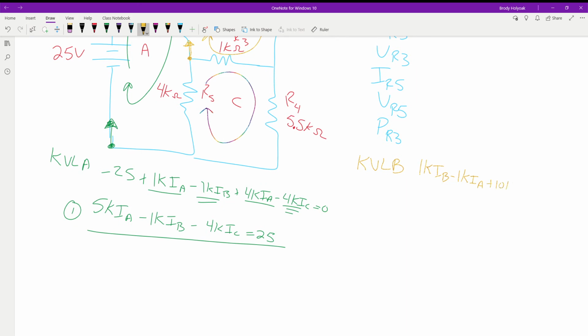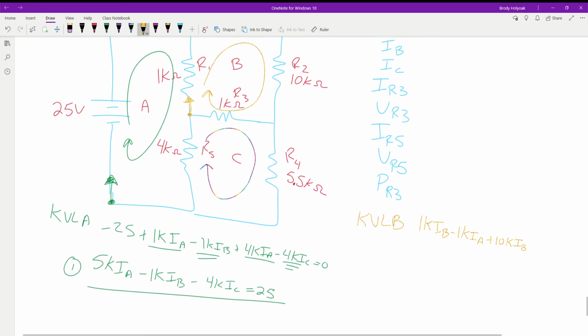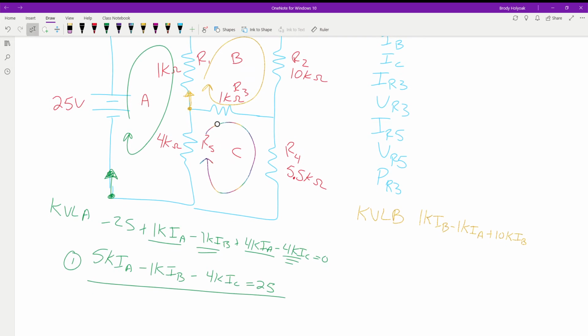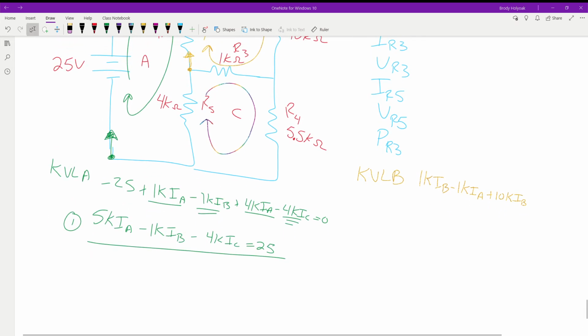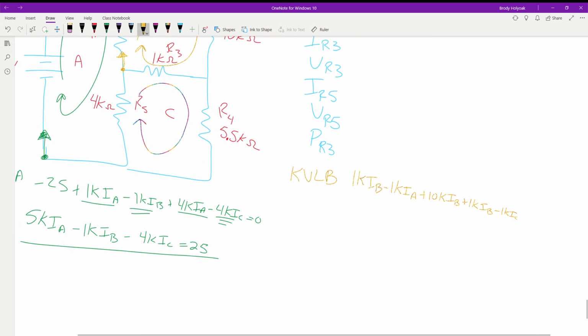So plus the 10KIB. And then after that, we run into R3. So plus 1KIB minus 1KIC. And then all that is equal to 0. Any issues with that?